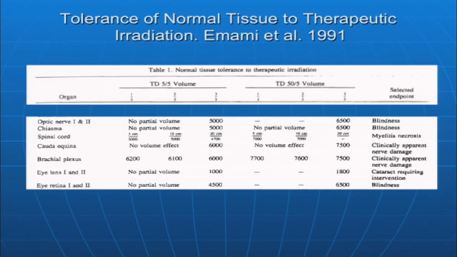With the lens, again, because it's such a small volume, they weren't able to look at partial volume effects. The TD5/5 is 10 gray or 1,000 centigray. The TD50/5 is 1,800 centigray, causing cataracts. And for the retina, the TD5/5 is 4,500 centigray. The TD50/5 goes up to 6,500 centigray, causing blindness.